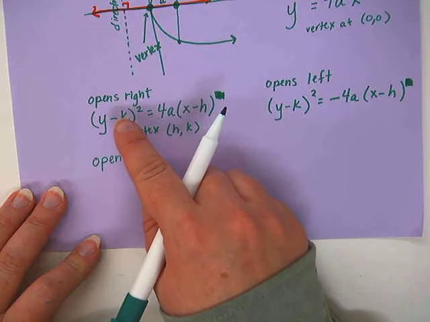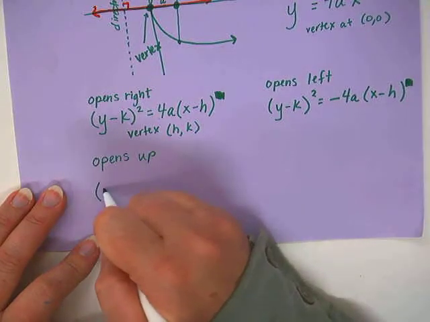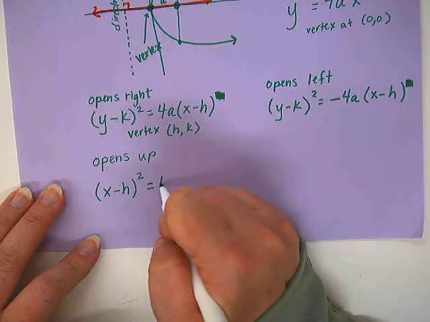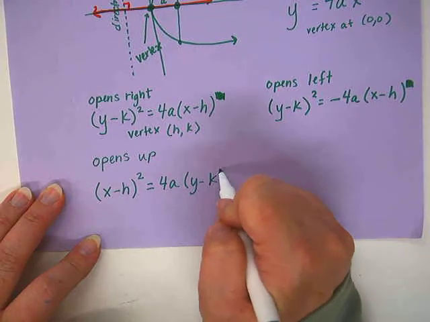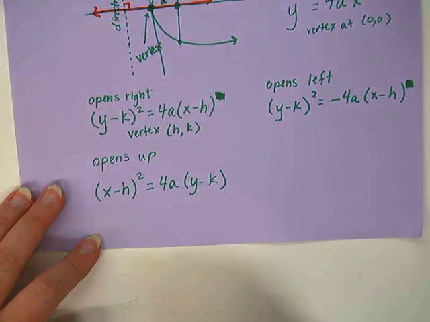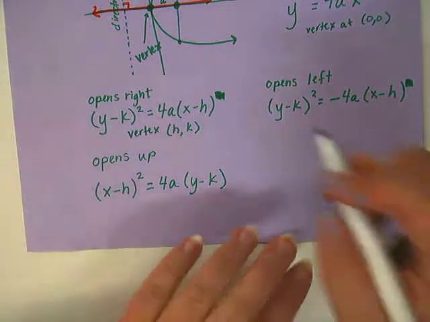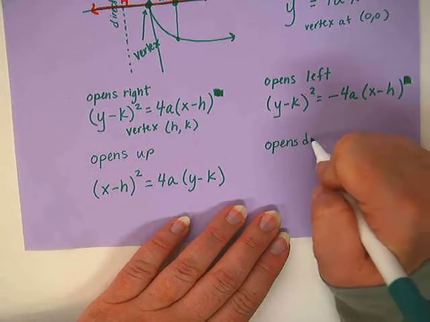Okay. Now, there's the kind we've talked about before that opens up and down, and those are functions. So instead of the y being squared, in the function ones we've talked about before, what is squared? The x is the part that's squared, right? So we're going to write it like this: x minus h squared equals 4a times y minus k, and no square on that.